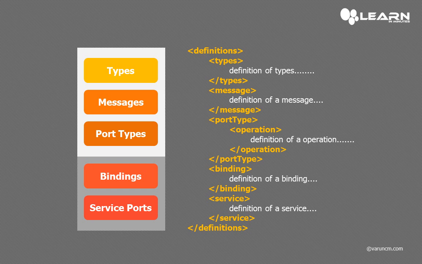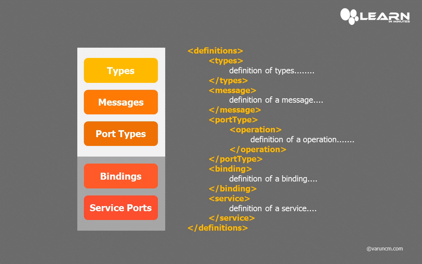What all these tags does? The types tag is used to define all the complex data types used in the messages. So whatever data types you are going to use in the messages, those data types should be mentioned in the types tag.